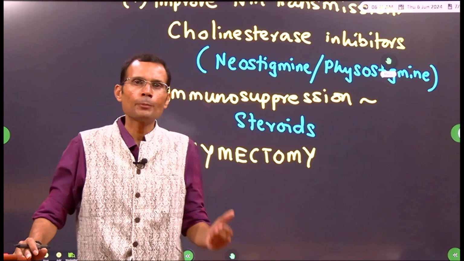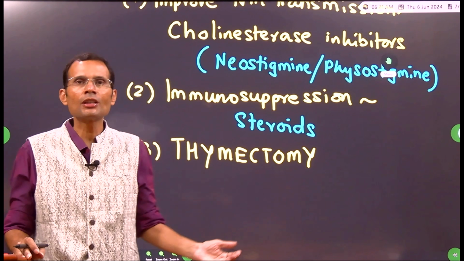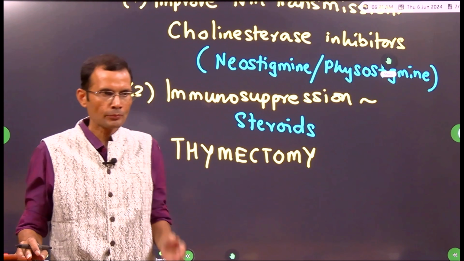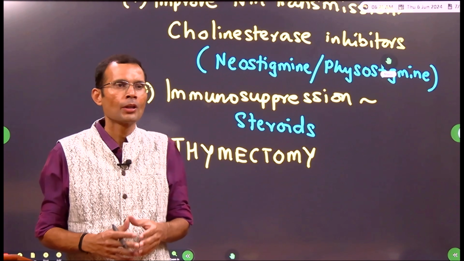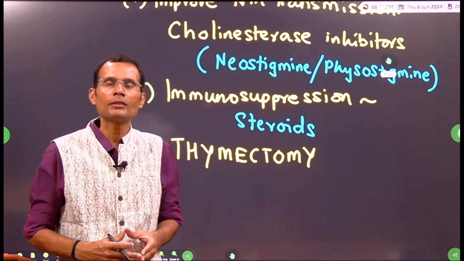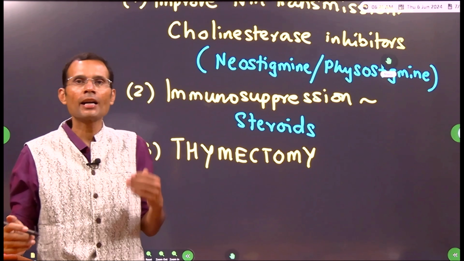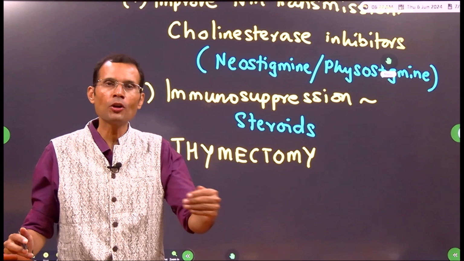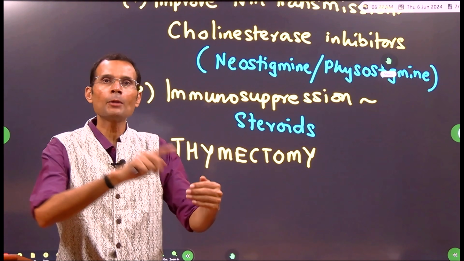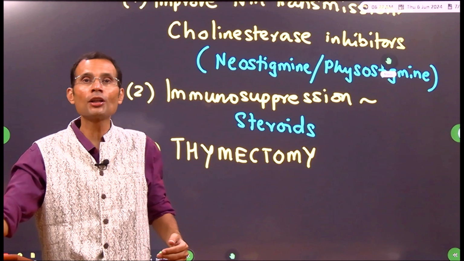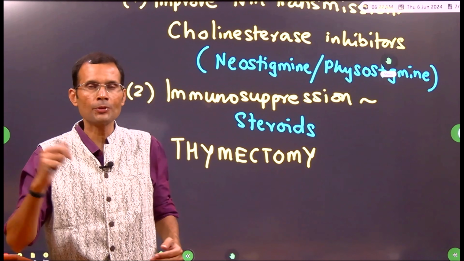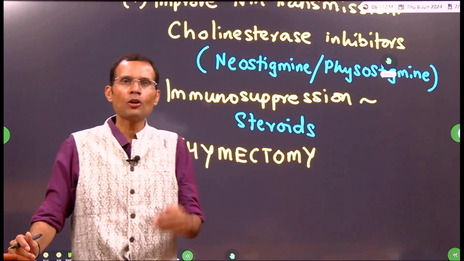The third type of treatment is a surgical way, thymectomy, removal of the thymus. We have seen already that there is some thymic antigen or thymic protein against which the T helper cells are formed or sensitized, and then those T helper cells cross-react with the acetylcholine receptor, destroying that receptor. So removal of the thymus helps.